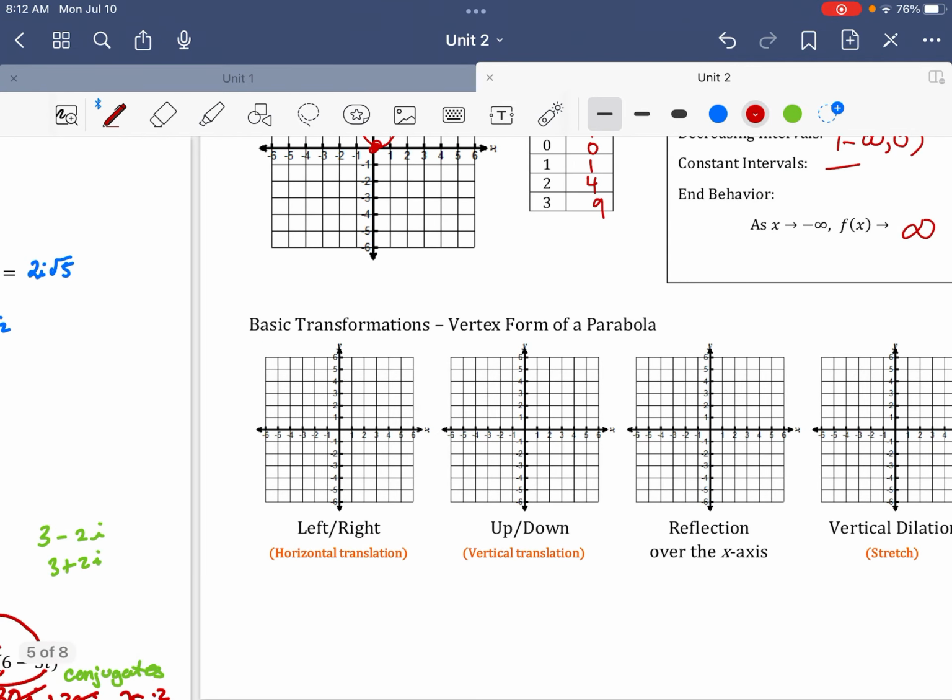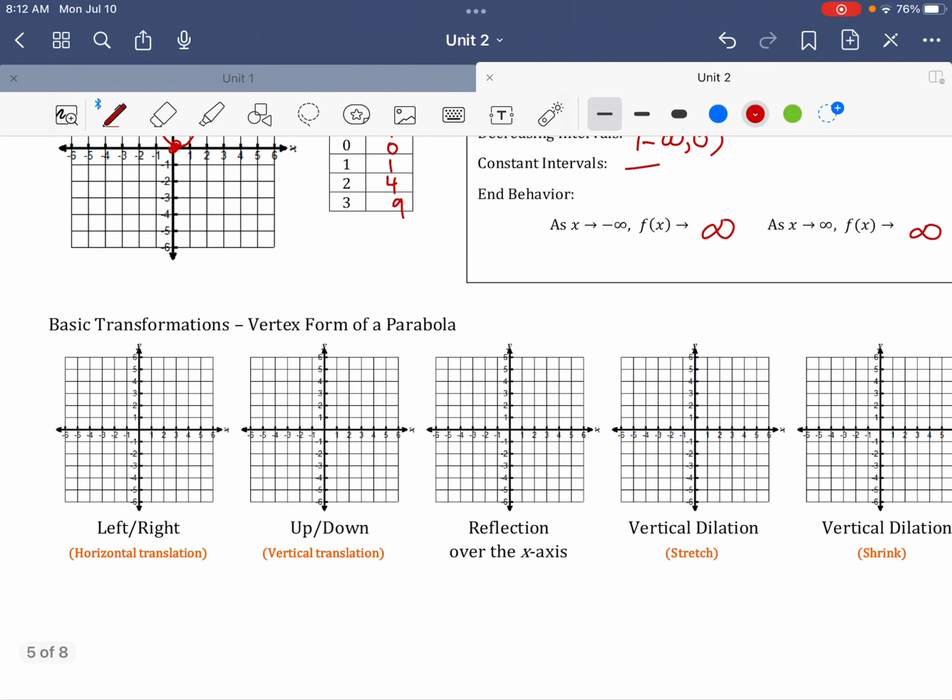All right, so some transformations you can make. So your basic transformations, if you want to go left or right, you take your parabola, and inside with the x, with the square, you put a plus or a minus on your x. So let's say we had x plus, let's say 4. So remember, kind of like with the absolute value, you have to think to yourself, what would go right here to make this the new 0 spot? So -4 would go right there, right?